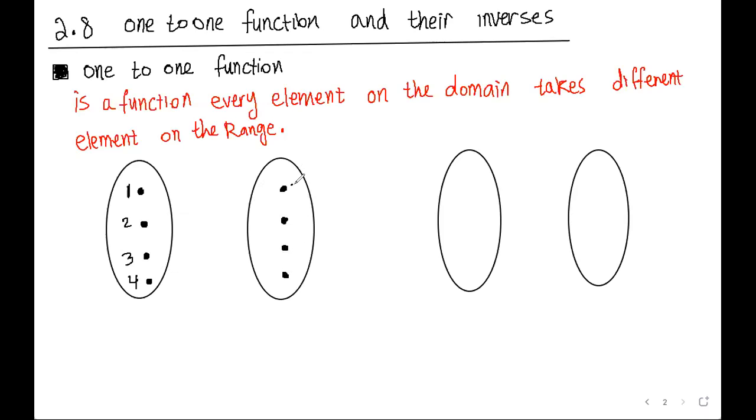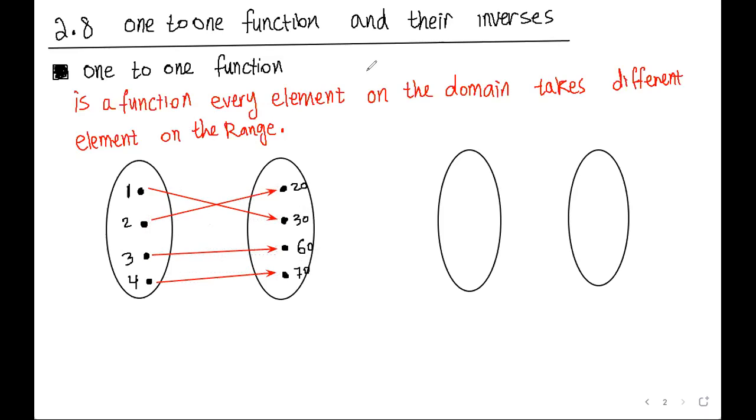So here is 20, here is 30, here is 60, and here is 70. Suppose 1 goes to 30, 2 goes to 20, 3 goes to 60, and 4 goes to 70.